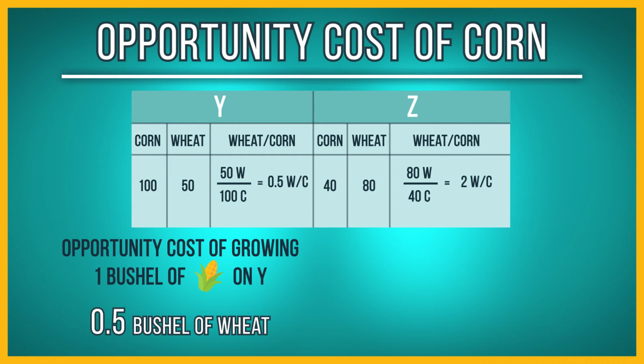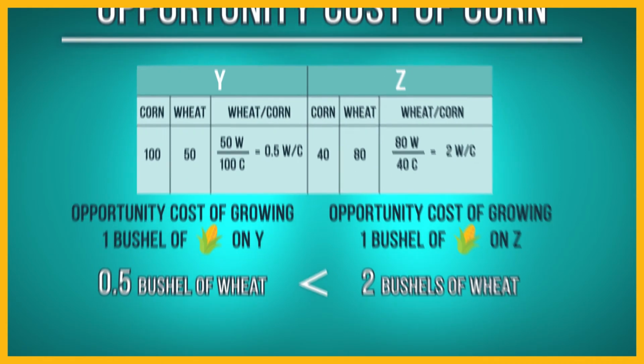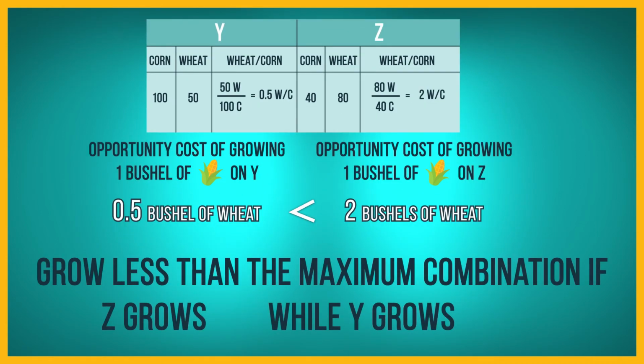As a result, the opportunity cost of growing 1 bushel of corn on Z is 2 bushels of wheat. Since the opportunity cost of growing another bushel of corn on Y is lower than the opportunity cost of growing another bushel on Z, we grow less than the maximum combination if Z grows corn while Y grows wheat.